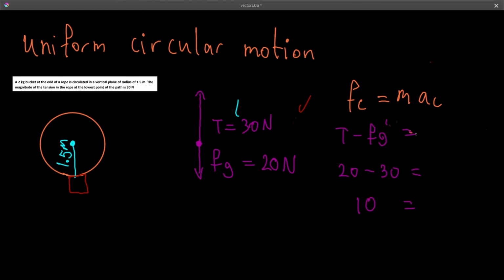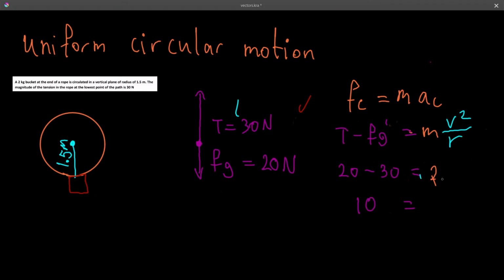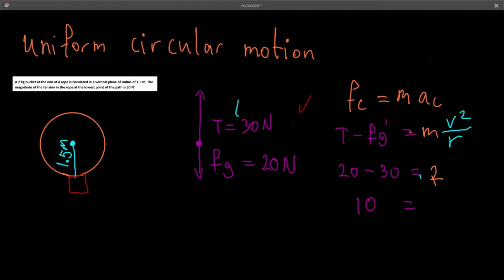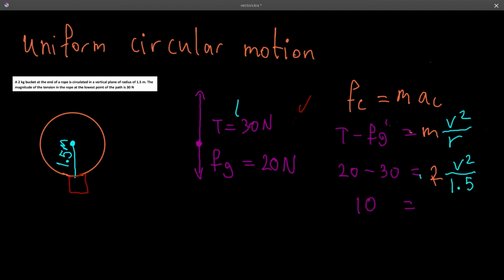And then this becomes M times A centripetal. A centripetal, as we know, is V squared, which is what we're trying to find, over R. So then this becomes 2 times V squared over 1.5.